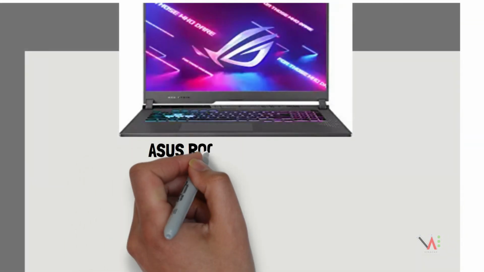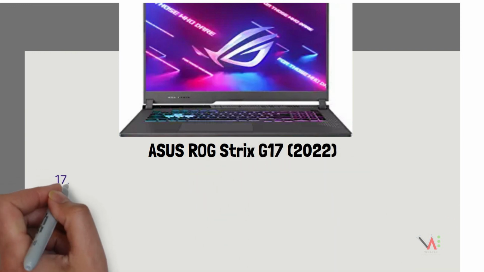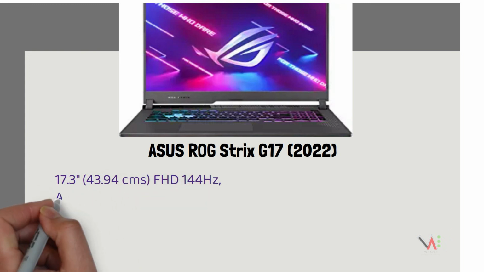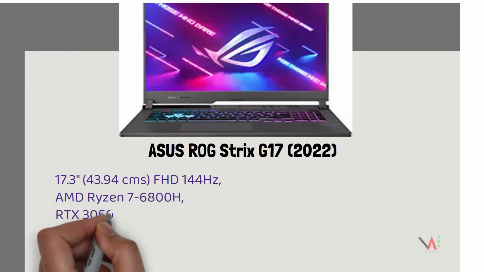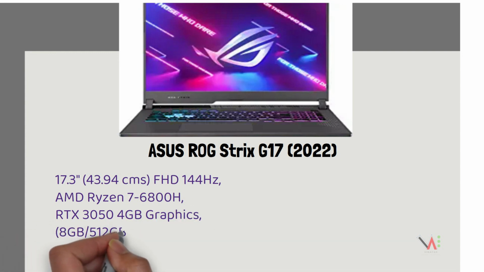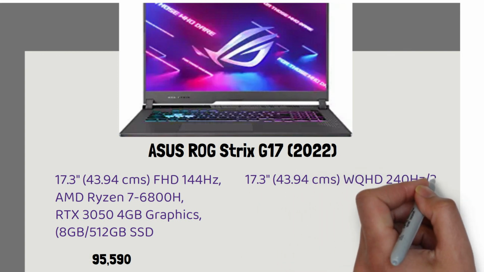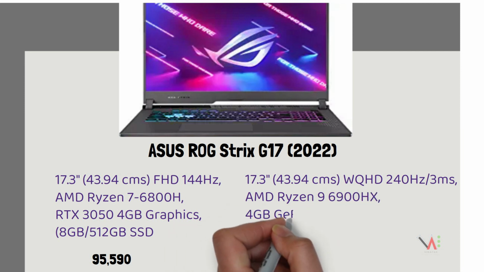The last but not least laptop is the Asus ROG Strix G17. The price of the Ryzen 5 version is 95,590, and the Ryzen 9 version is 2,03,990. In this laptop you can see the Ryzen 9 6900HX.